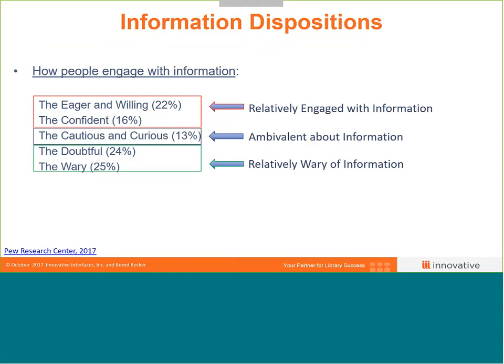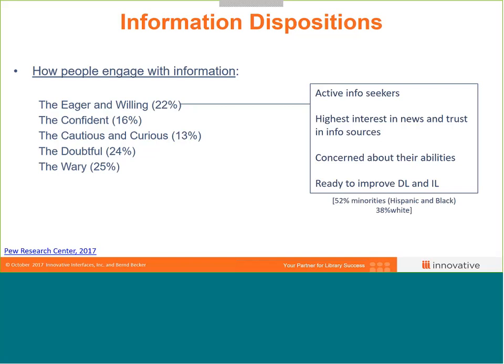So the eager and the willing and the confident, they're relatively engaged with information. The cautious and curious are a little bit more ambivalent. And then we have the doubtful and the wary. And they are, as you might expect, relatively wary of information. So these are the ways in which your students, patrons, or audience will approach what you have to offer them in terms of digital literacy skill building or instruction.